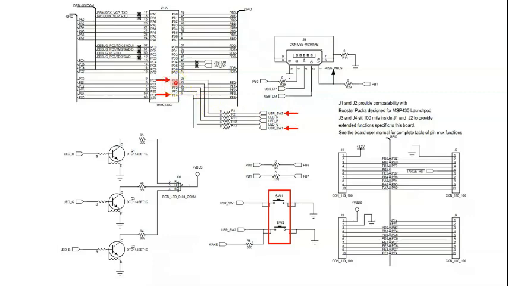PF0 stands for port F bit 0, and PF4 stands for port F bit 4. Next, I'd like to highlight the blue LED, which is LED B, connected to PF2, that is port F bit 2.